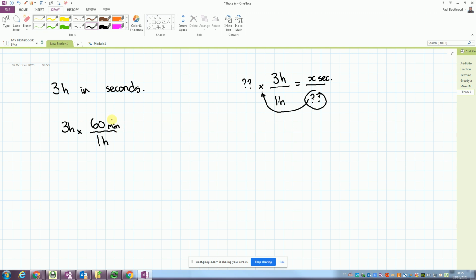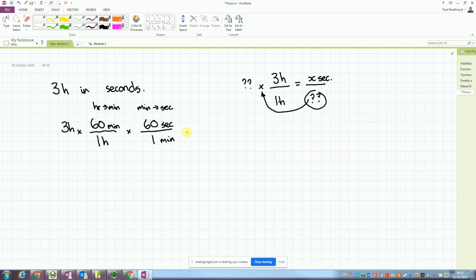Follow the same pattern. So that was hours to minutes. Now I want to convert minutes to seconds. So I'm going to multiply by another fraction. On the bottom is the thing I'm converting from, minutes. So I know 1 minute is 60 seconds.